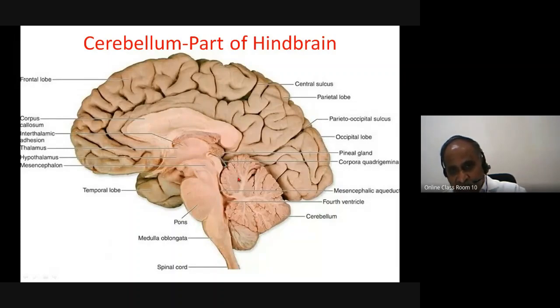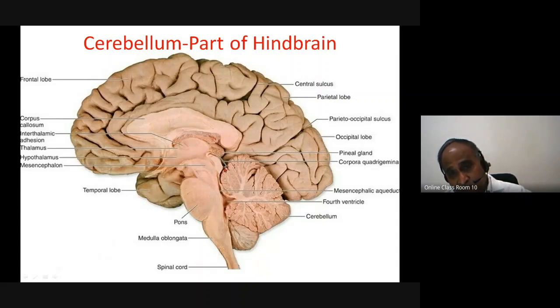It has multiple folia. Here you have the gyri and sulci in the case of the cerebral cortex, but here it is the multiple folia, and the total area of representation is much more. Though it is only one tenth of the part of the cerebrum, it has almost the equivalent area or more area than the cerebrum.